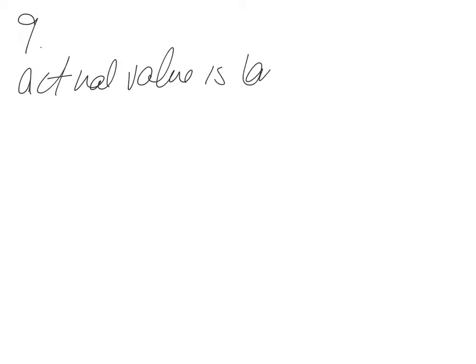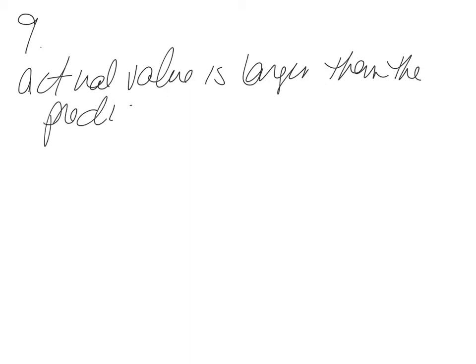So number 9, why is the residual in the table's first row positive and the second row negative? If the actual value is larger than the predicted value, the difference is positive.